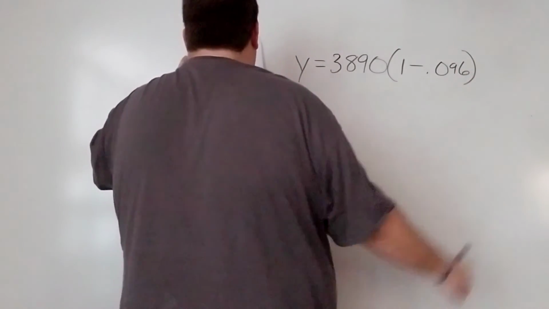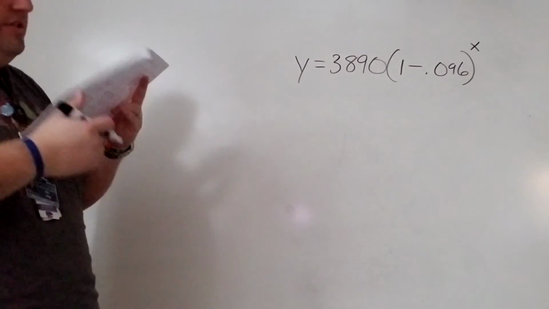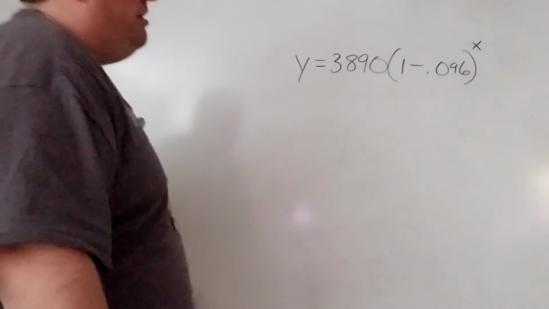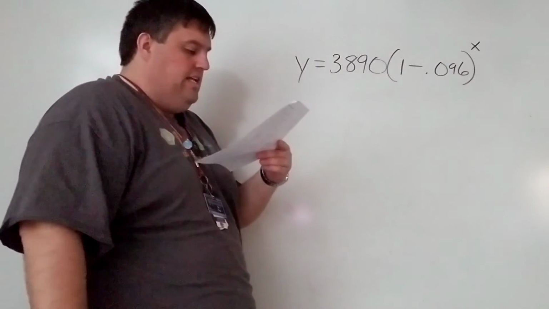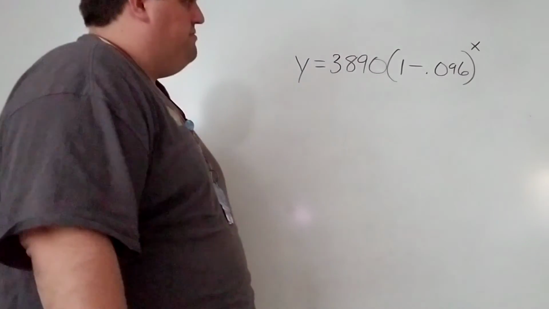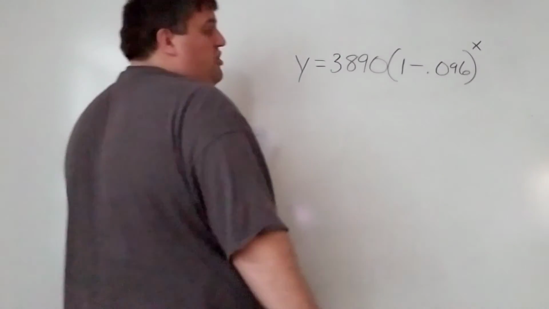And that's to the x. And they want to know how many years it would take until there was only 2,000 tigers left. Or I guess it should say less than 2,000 tigers left. Right? Because that would be weird if it was exactly 2,000 tigers.